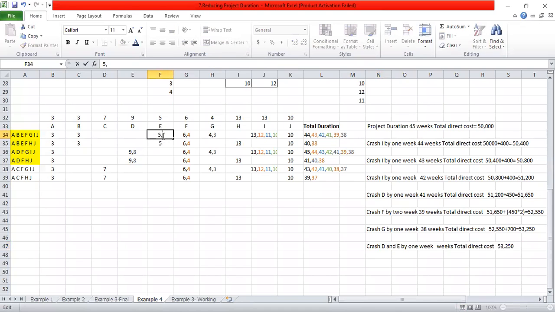Crash E by 1 week, so it should be 37 here.